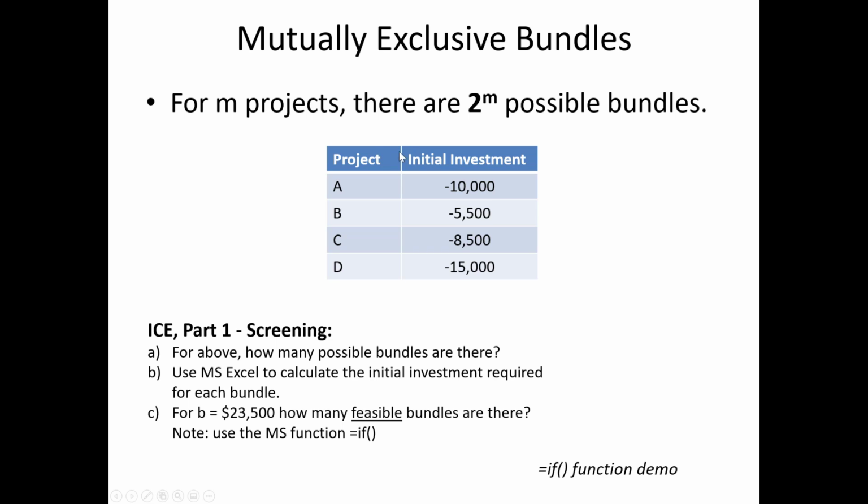For example, in this little illustration we're going to use for today's in-class exercise, we have project A, B, C, and D. That means there are 4 projects, and according to this numerical model, we have 2 to the 4th possible bundles. So that means 2 times 2 times 2 times 2, so 2 to the 4th tells us that there should be 16 possible bundles in this case.